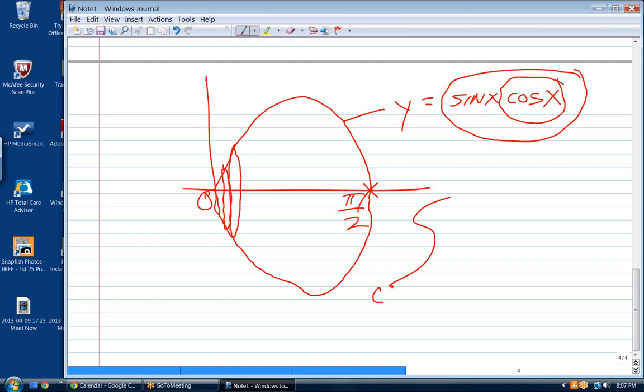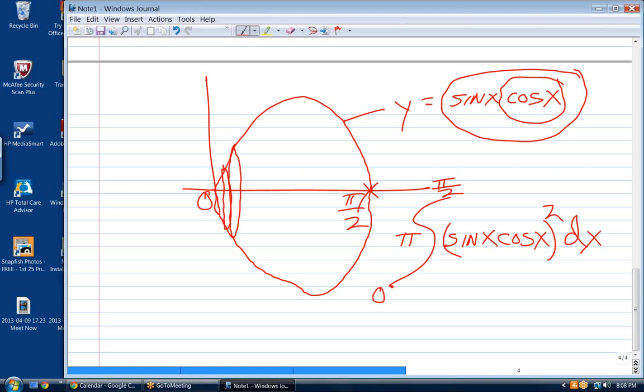So we're going to integrate from 0 to pi over 2, and we're going to integrate this function because this is the radius of each circle, like that. Pi r squared, we always remove the pi.